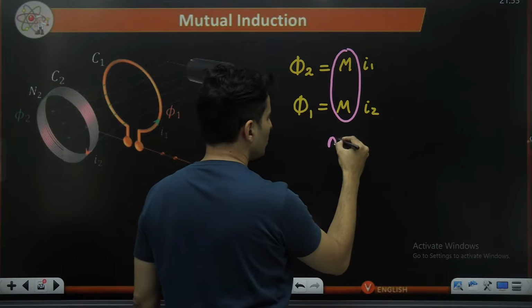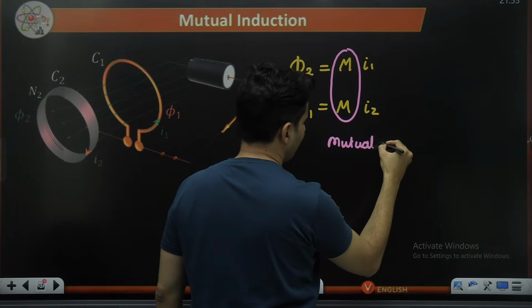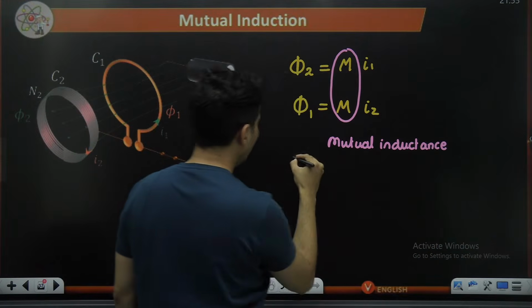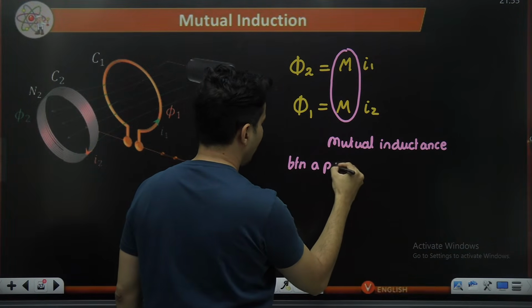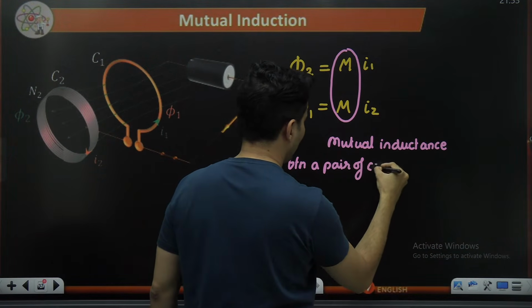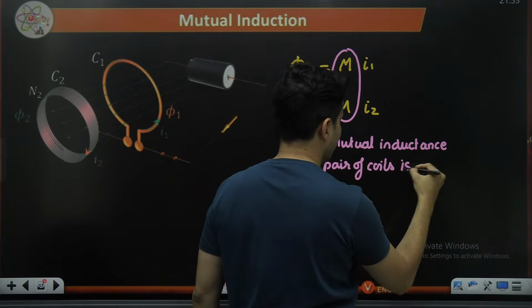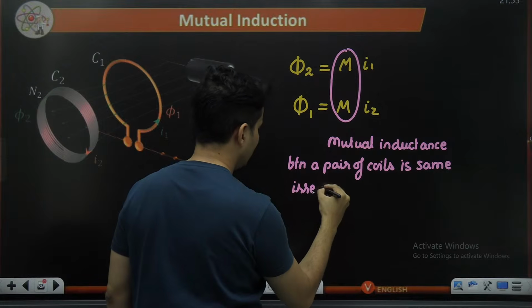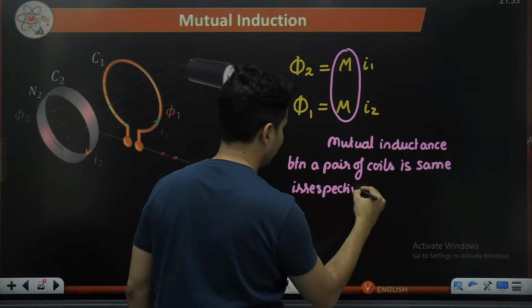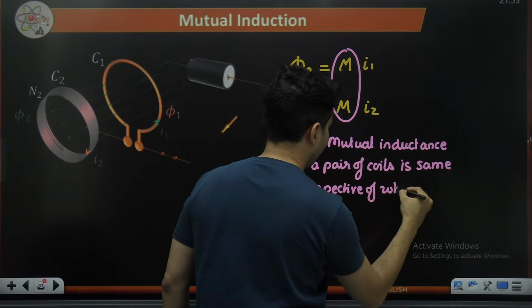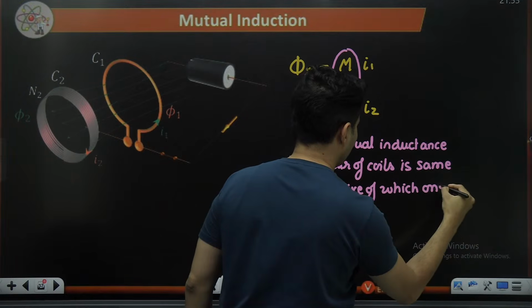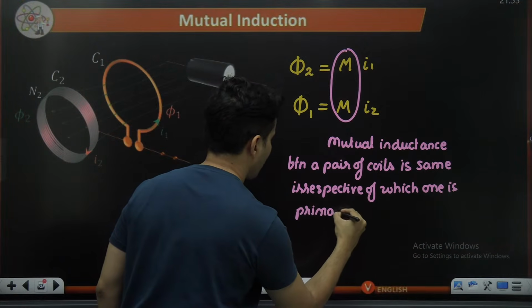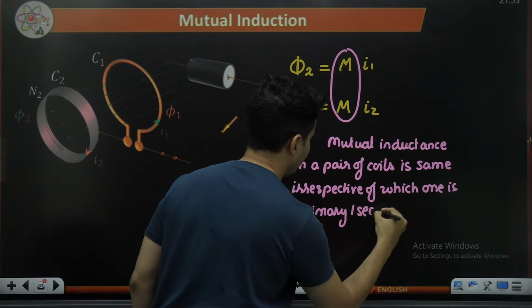So mutual inductance between a pair of coils is the same irrespective of which one is primary or secondary.